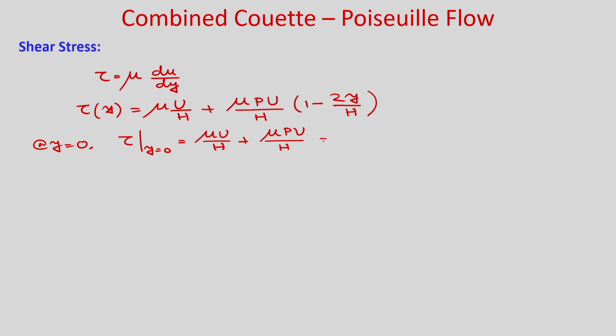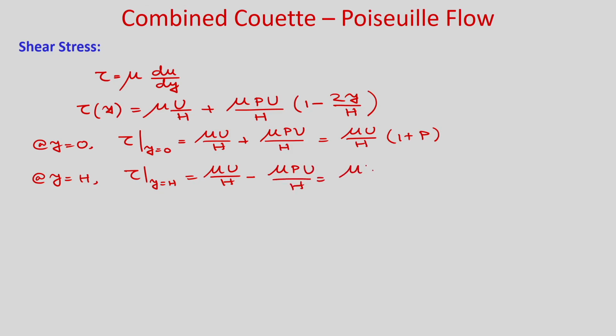So, it will be mu u by h into 1 plus p, and at the top wall, you will get the shear stress at y is equal to h as mu u by h minus mu p u by h, which is equal to mu u by h into 1 minus p.